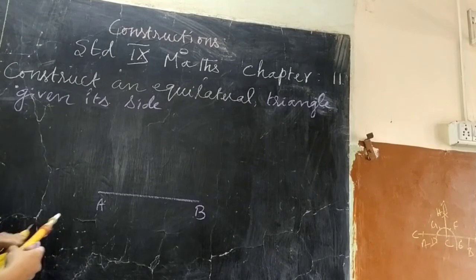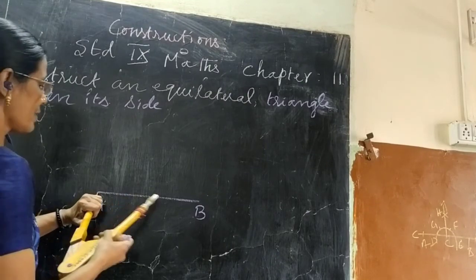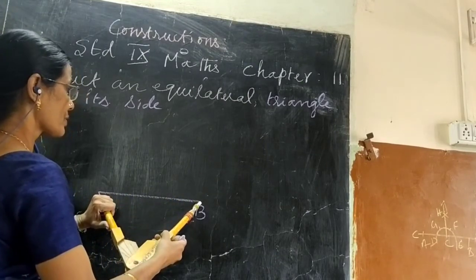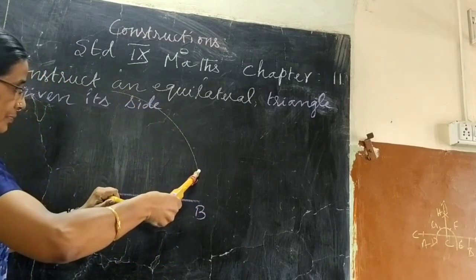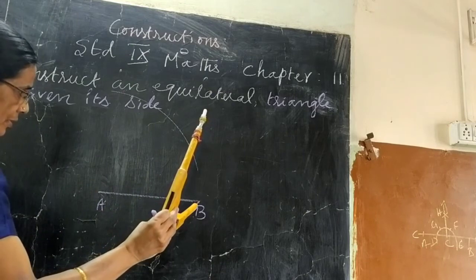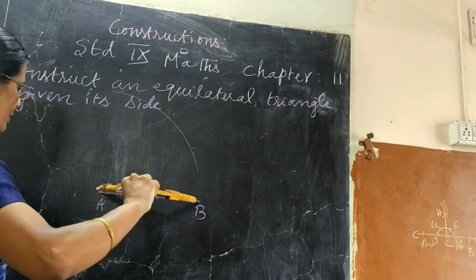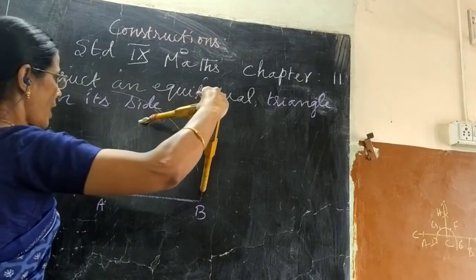Now A center and AB radius, draw an arc. B center, the same radius, AB radius, draw another arc to intersect.